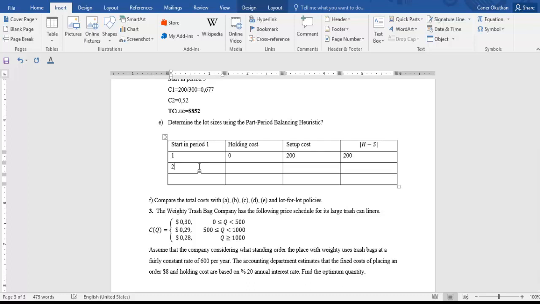In second period, in second week, holding cost 200 multiply 1 period equals 260. Our setup cost is stable 200, and the difference of this data.